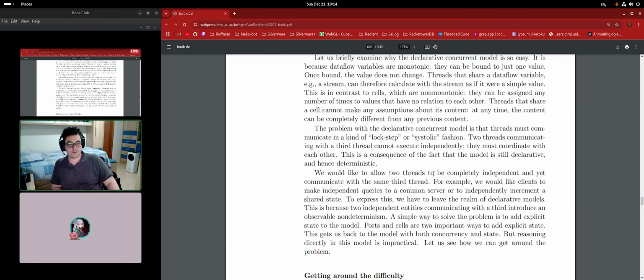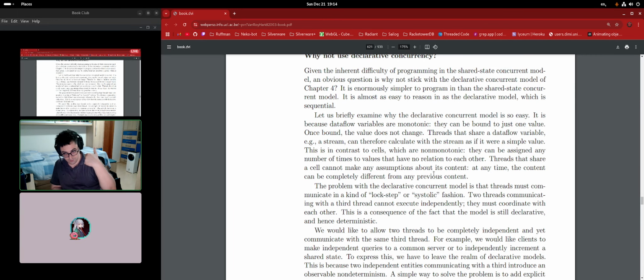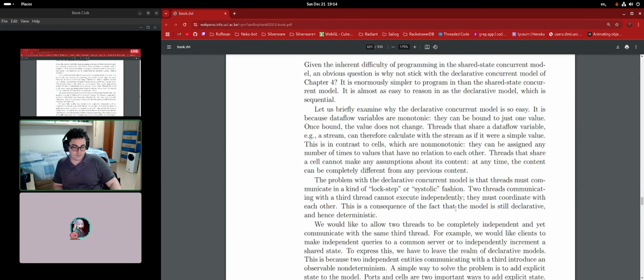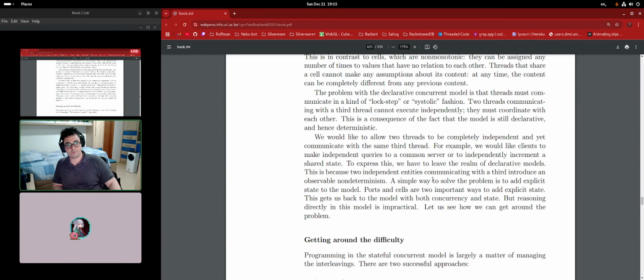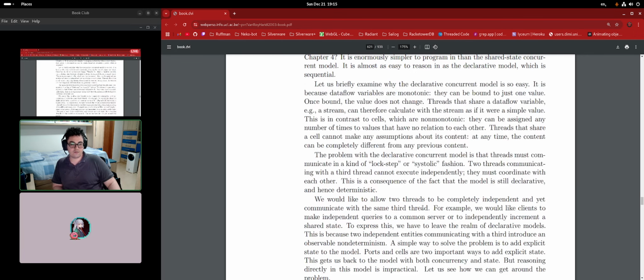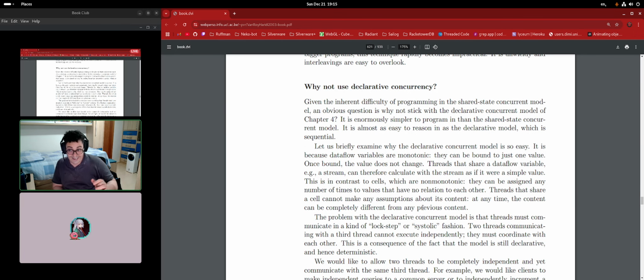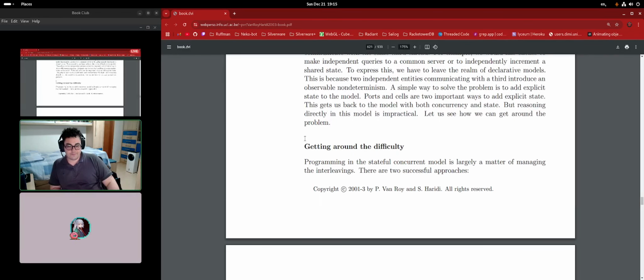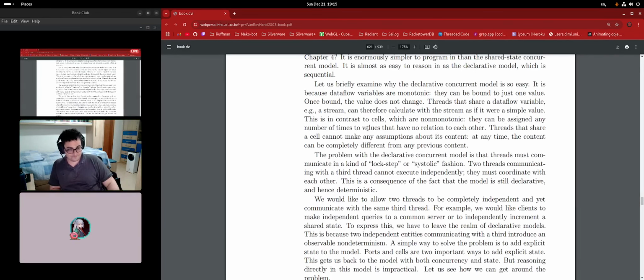It's because the declarative model is deterministic, and we must introduce an observable non-determinism, and it keeps bringing up the server-client implementation example. So we must, it's not that we would like to, we must do that. So that's why we cannot just keep things simple.